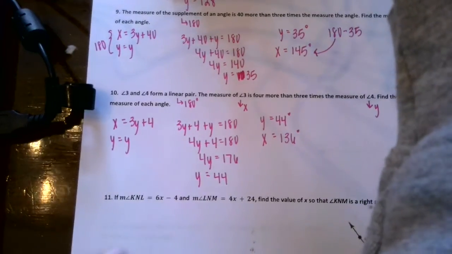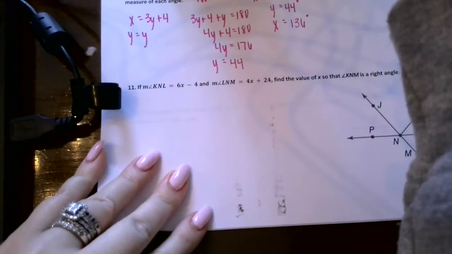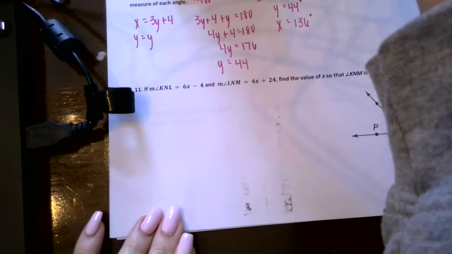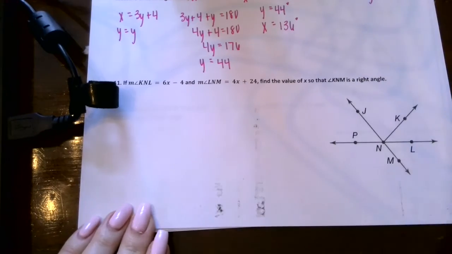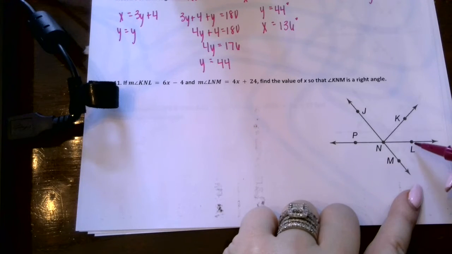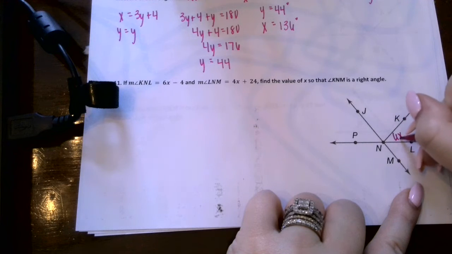Okay, and then for 11, again, just different ways that you could see these types of problems. With problems like number 11, it's very important to label your diagram. So it says KNL, which would be this angle here. It is 6x minus 4.